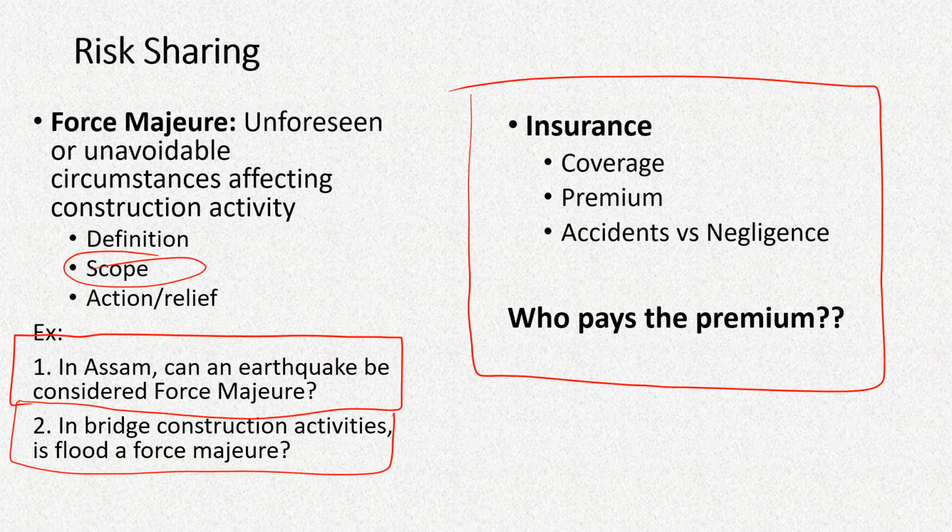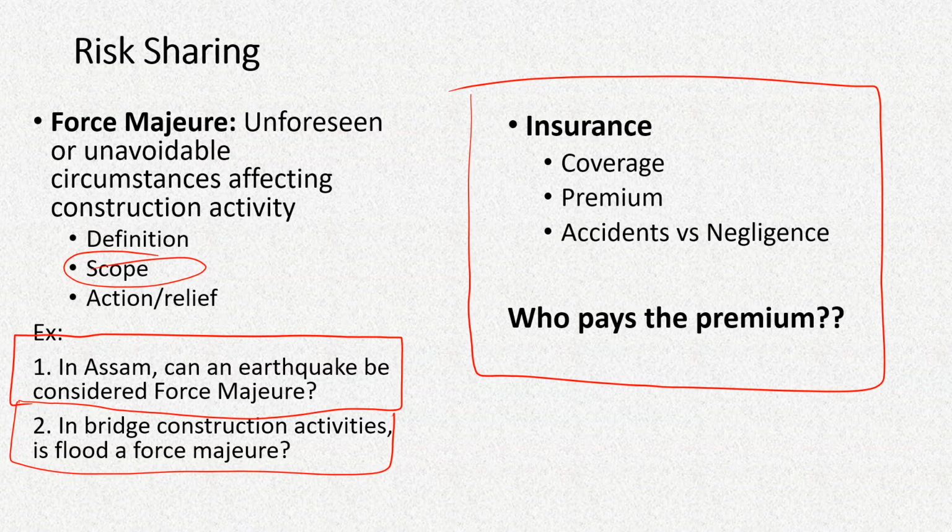Now, the idea of the premium is that we'll pay some small amount, and only if something goes wrong we'll get the compensation, but if nothing goes wrong, then the insurance company or insurance agency is not liable to pay us the money back.